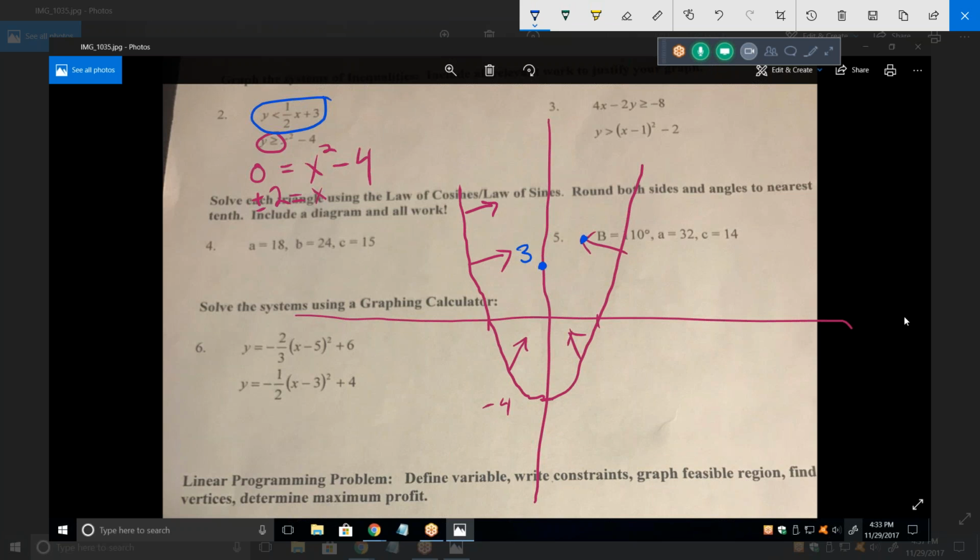It's going to be dotted. And am I above or below that? Below. So I'm this way. And that gives us a common area of that.